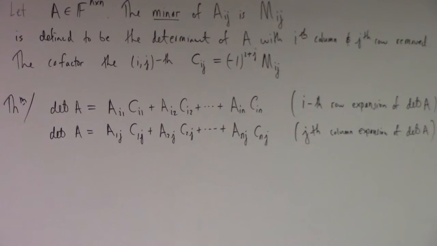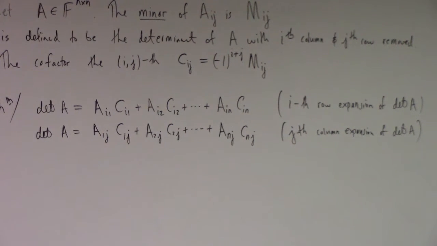I was using that theorem when I shortcutted the calculation over here, right? If I go back there, can you tell me, in terms of this notation, what is the thing in red, what's the thing in blue, what's the thing in green? The thing in red is A11 C11.